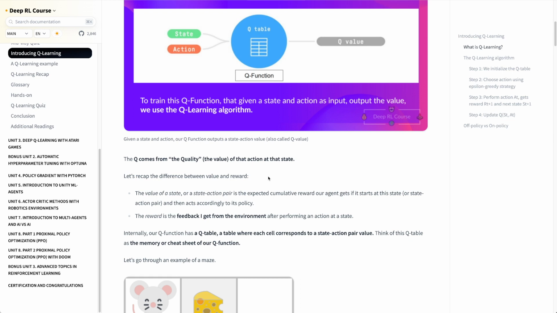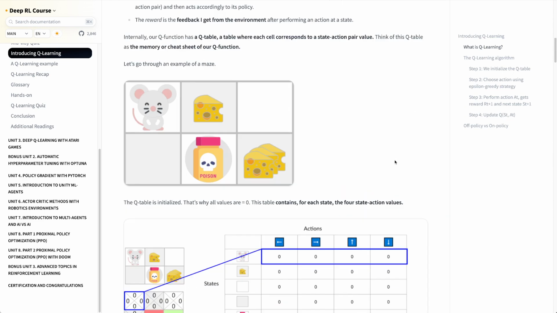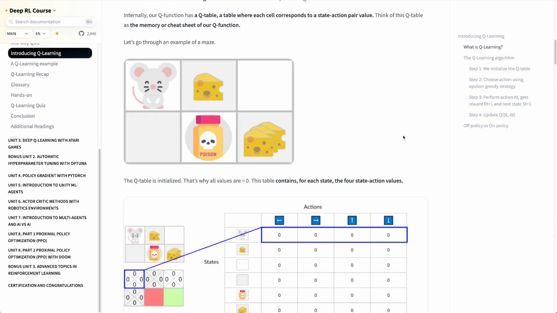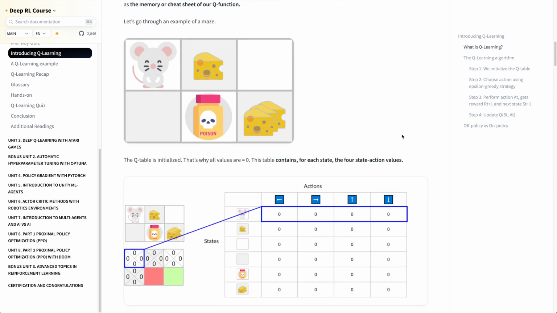Lots of Q's here. Let's go through an example of a maze. We have a rat, cheese, and poison. The Q table is initialized. That's why all values are 0. This table contains, for each state, the 4 state-action values. So what are the 4 state-action values?